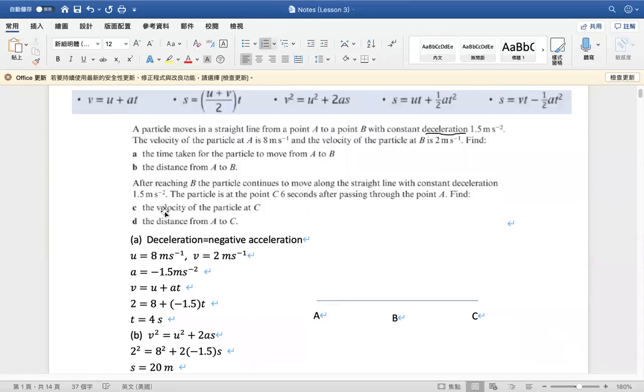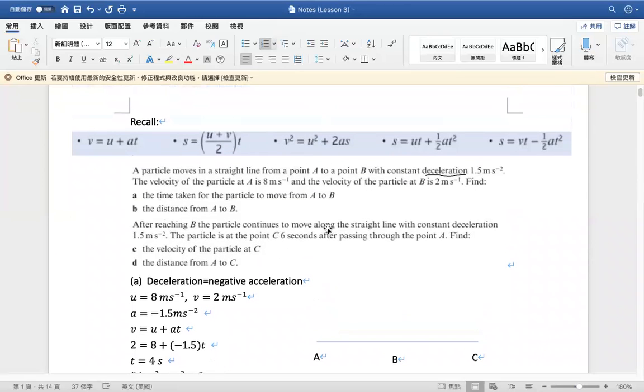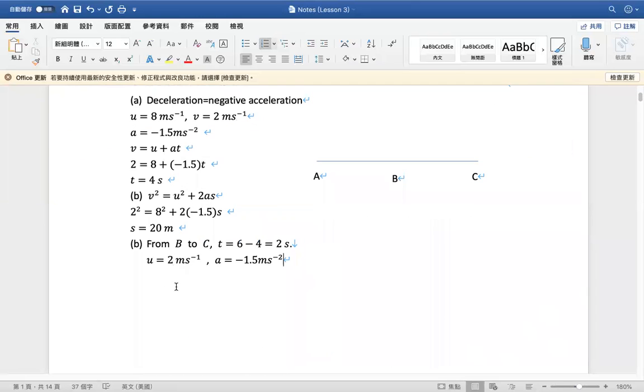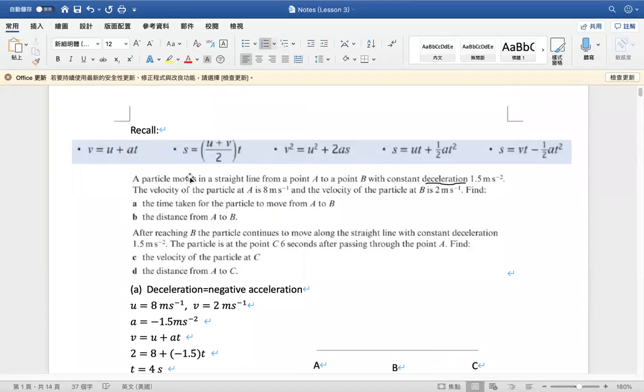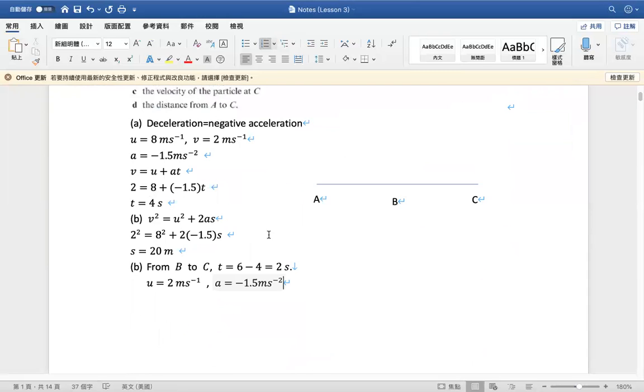For example, we want the velocity of the particle at C. If we are at C, then that's the V, right? So we want the V. Now we have T, U, and A. Which equation should we use? T, U, and A. I think the first equation will be used because you have U, you have A, you have T. So V equals U plus AT.